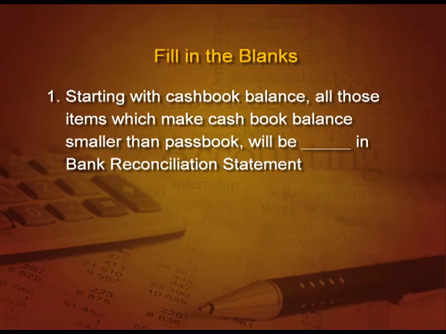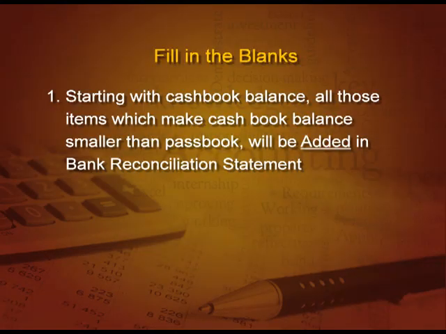So, I am beginning with fill in the blanks. Point number 1, starting with cash book balance, all those items which make the cash book balance smaller than the passbook will be dash in bank reconciliation statement. Added in bank reconciliation statement, because if cash book is less, you have to add to reach the passbook level.